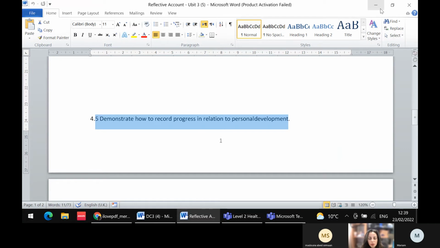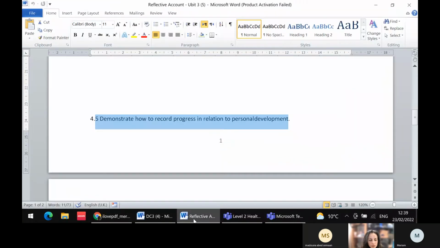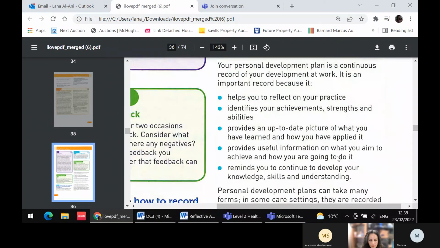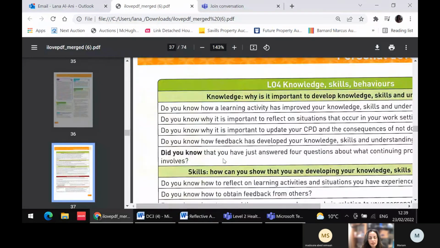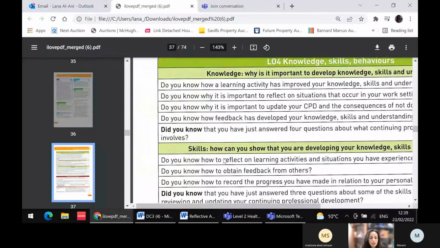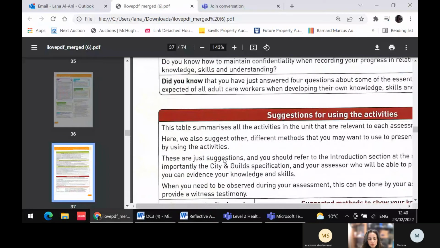Can you tell me how you can monitor your progress? Like we just filled our personal development plan, how can you monitor your progress?